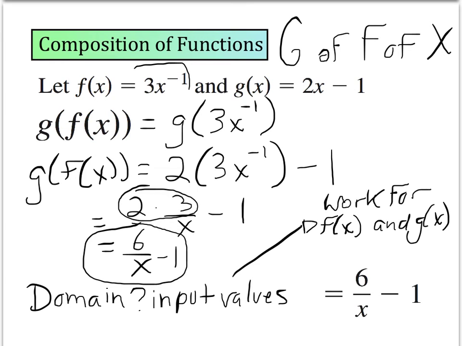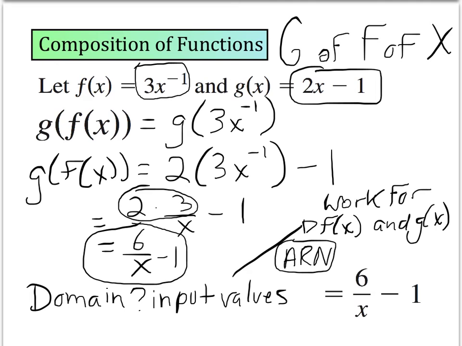When we look at both of these functions, all real numbers work, and this is an abbreviation for all real numbers, except x cannot equal 0. So this is the domain of this function: all real numbers, but x cannot equal 0.